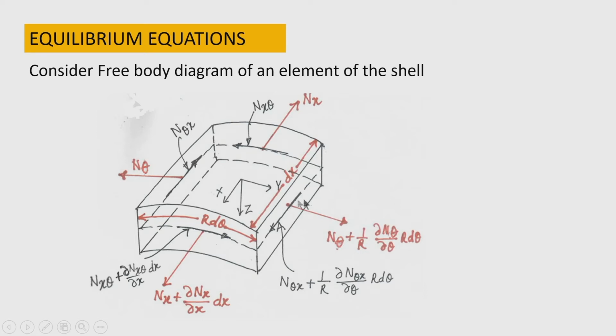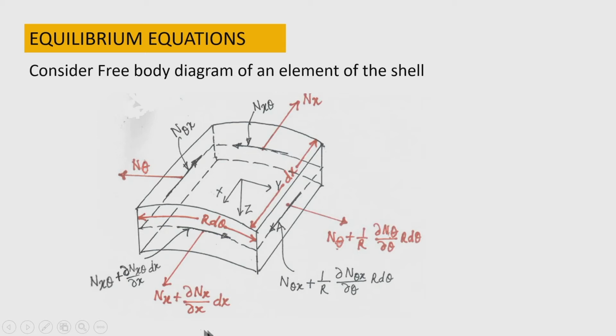So, here in a differential element, on one edge this is the membrane force N x, which is acting at the middle surface. On the opposite edge the membrane force is N x plus del N x by del x into dx.